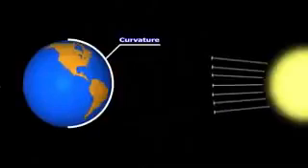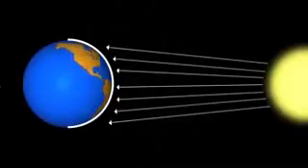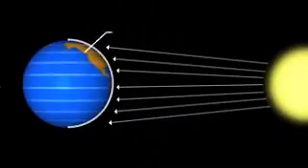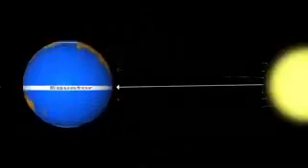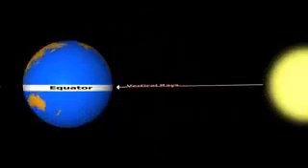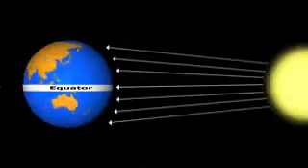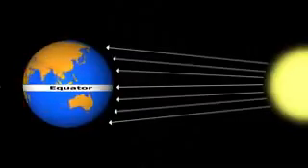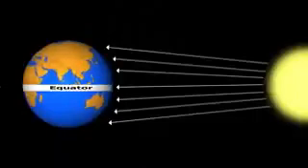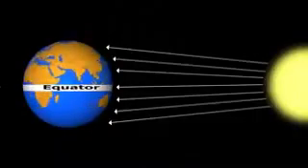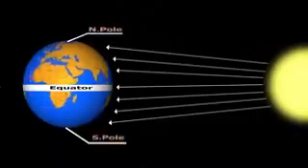Due to the curvature of the earth, the amount of solar energy received varies according to latitude. If the equator is receiving vertical rays of the sun, gradually as you move towards the poles, the rays become slanting. So, the air temperature decreases from the equator towards the poles.